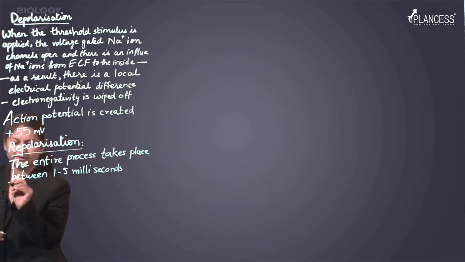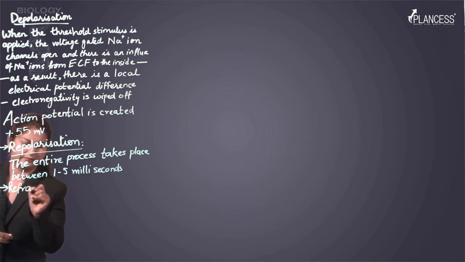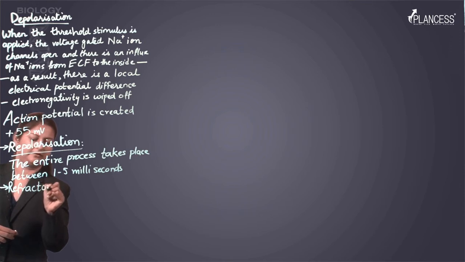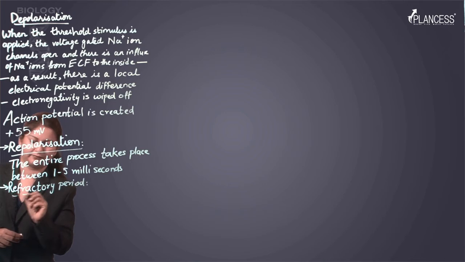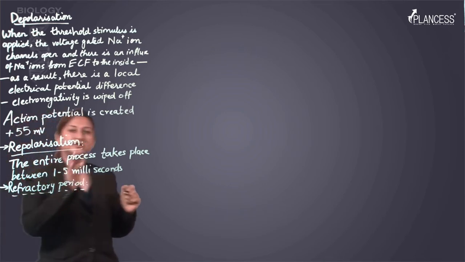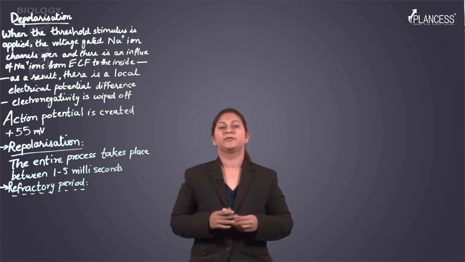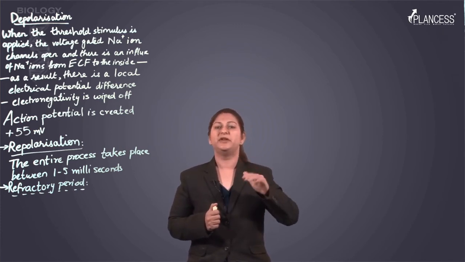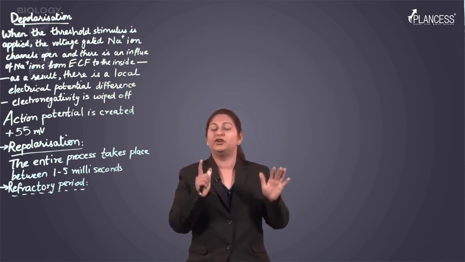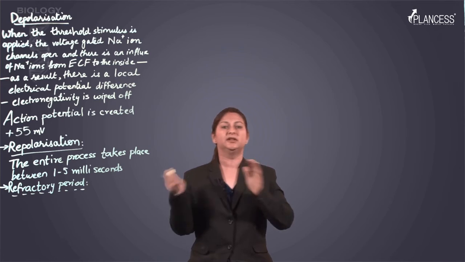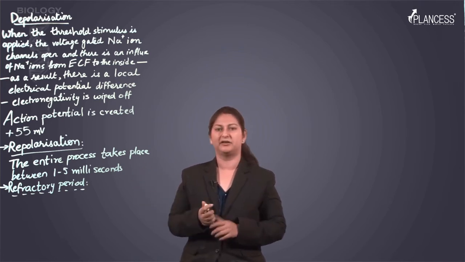Alright, so what is the refractory period? Just after a nerve impulse has passed through, no stimulus will be able to excite a neuron. It's kind of taking rest before the next impulse comes, and that period is the refractory period.